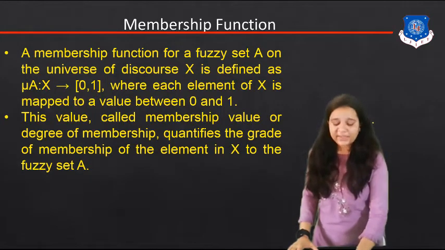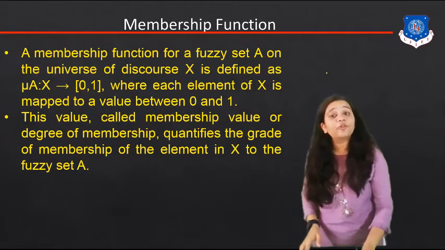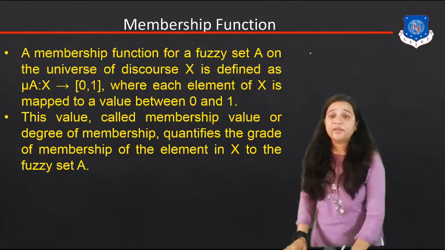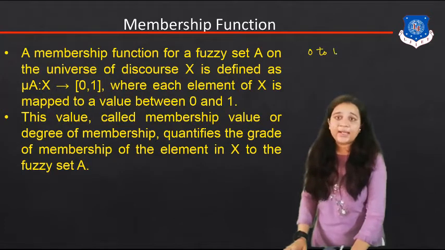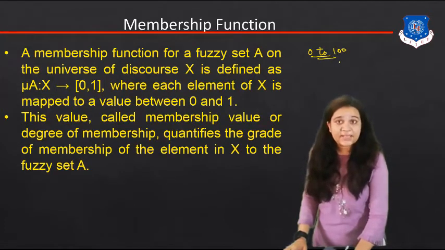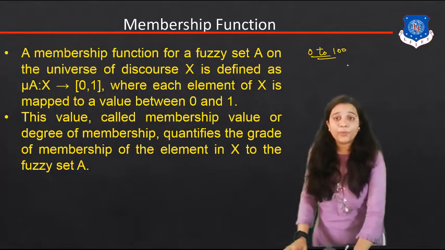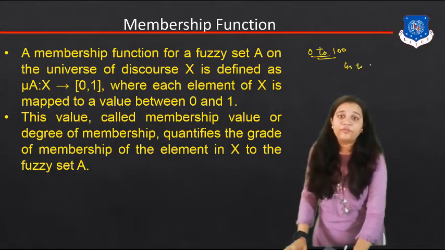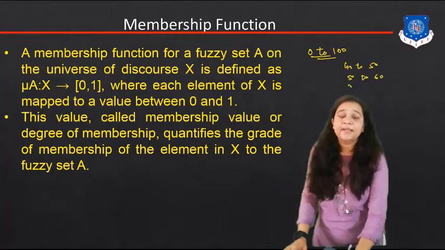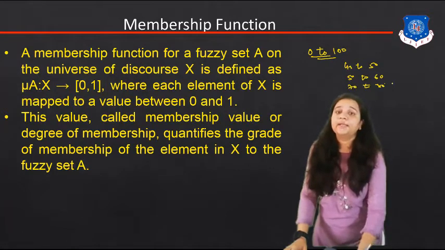Suppose an example is given. If we have to find the temperature between 0 to 100, that time we can use the fuzzy set. But they may ask that you have to find the output between 40 to 50 degrees Celsius, then 50 to 60 degrees Celsius, and 70 to 80 degrees Celsius.